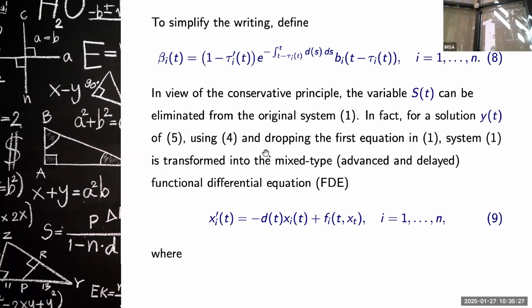And okay, here is only to simplify the notation. As I mentioned before, one of the goals was to have the relation between our equation and an ODE. Now the other thing that we want is some way to rewrite this equation in a form where we can use known results for functional differential equations.